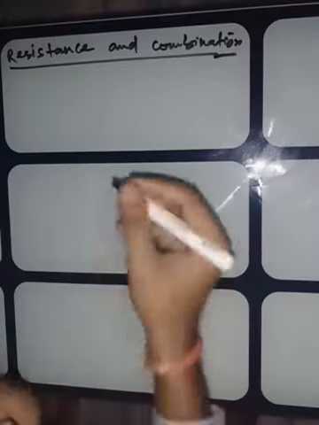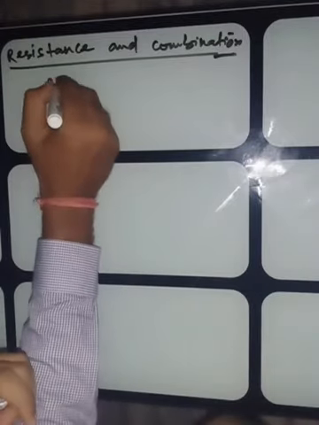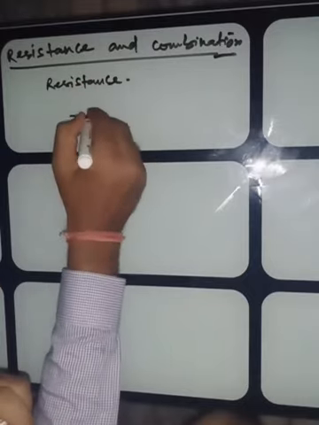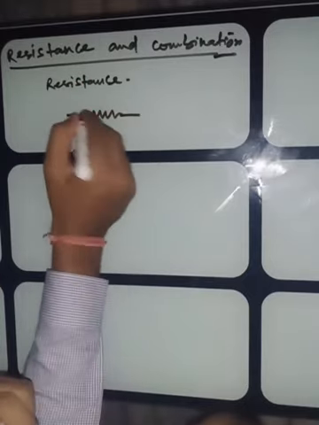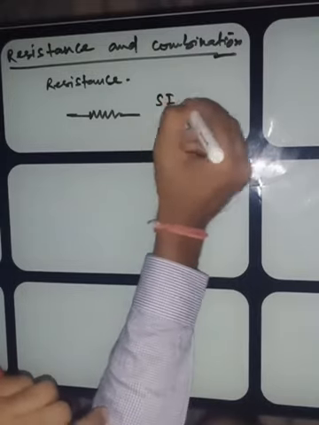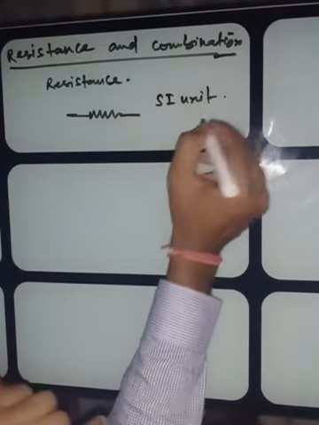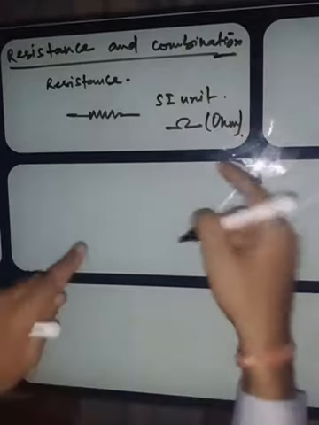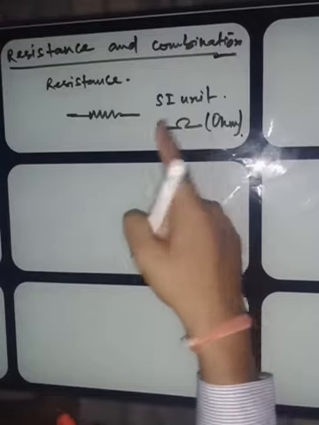Okay, the symbol of resistance we will use like this. This is the symbol. And the SI unit we use is ohm. Okay, this will be the SI unit.